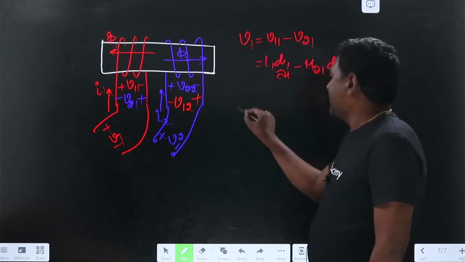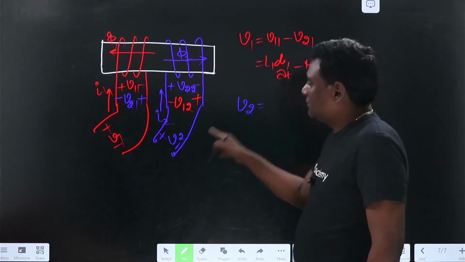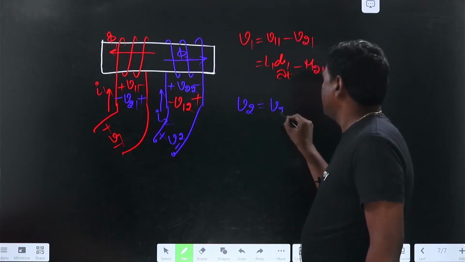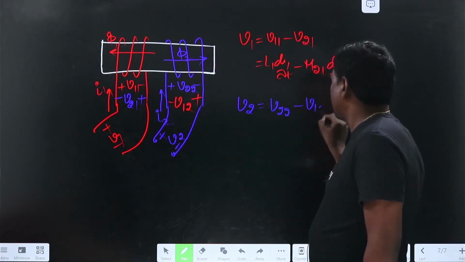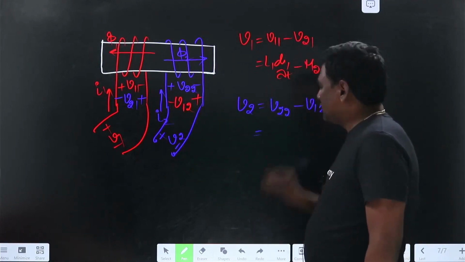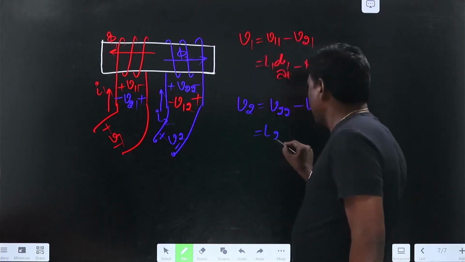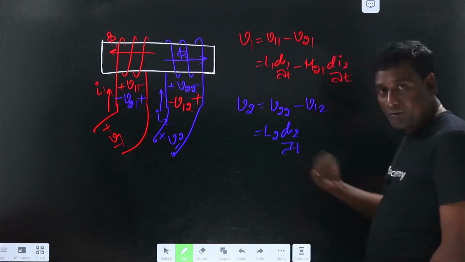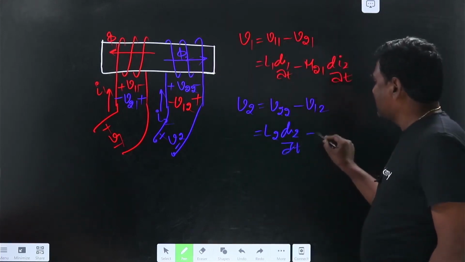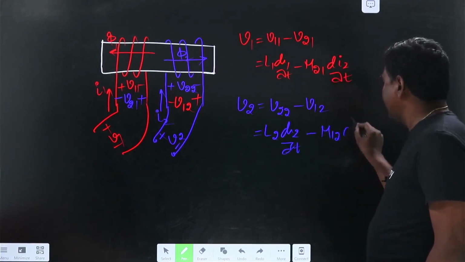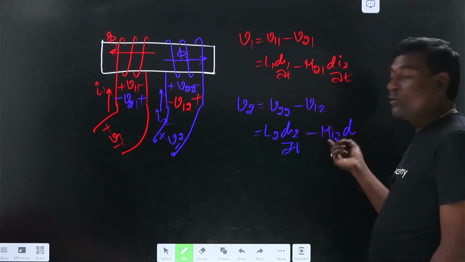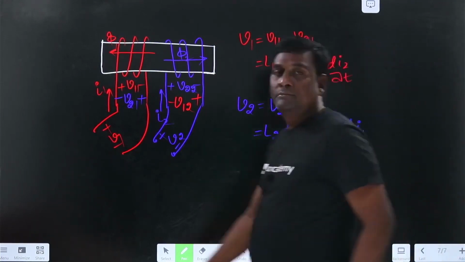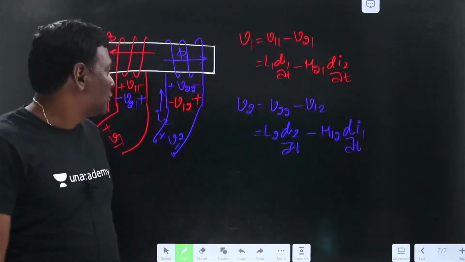Now let me write V2 equals plus V22 minus V12, meaning that V22 is L2 di2 by dt, self because of its own, and minus M12 di1 by dt, because of I1 induced voltage in 2. These are going to be the equations.